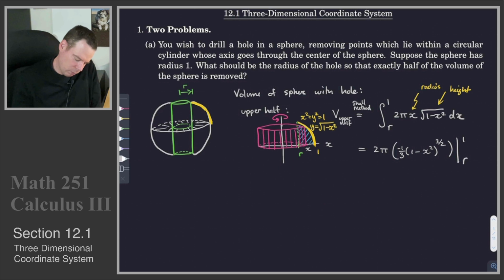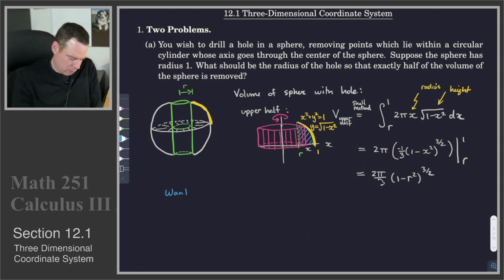And so now we evaluate at the endpoints, and we get 2 pi by 3. The 1 goes in, gives a 0, and then we get minus. The r goes in, that gives us a 1 minus r squared to the 3/2. So that's the volume of just the upper half hemisphere with the hole removed.